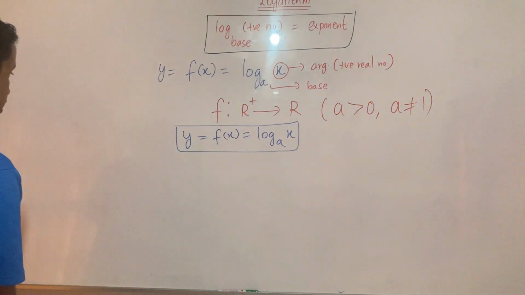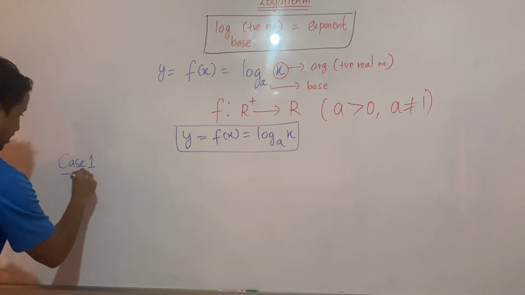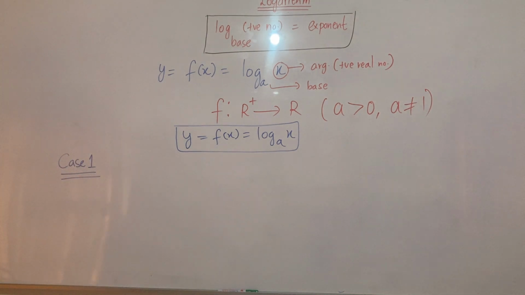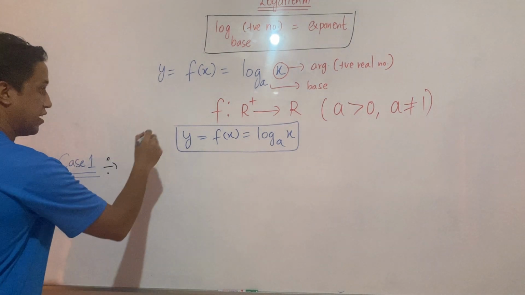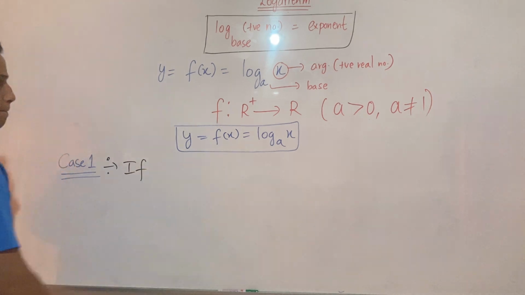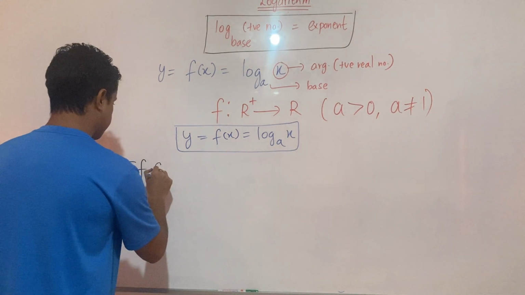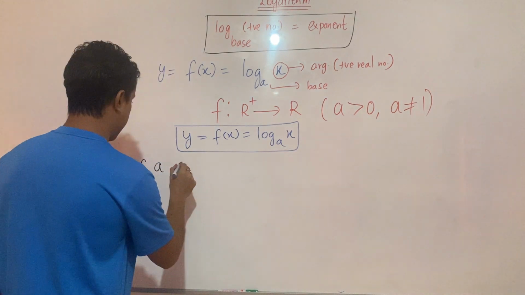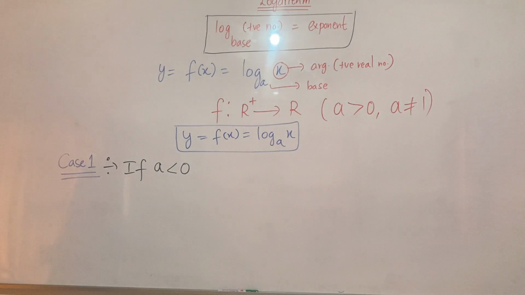Now I can divide it into cases. If I take case 1, can you see it? Okay, so my case 1 is if a is less than 0, if a is negative.